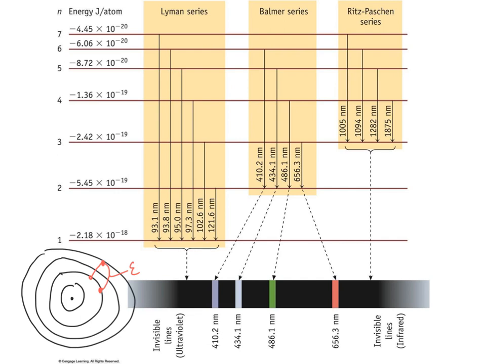And in this case, it's energy associated with the fourth down to the second. And so we would actually visualize that transition as green light at 486 nanometers.